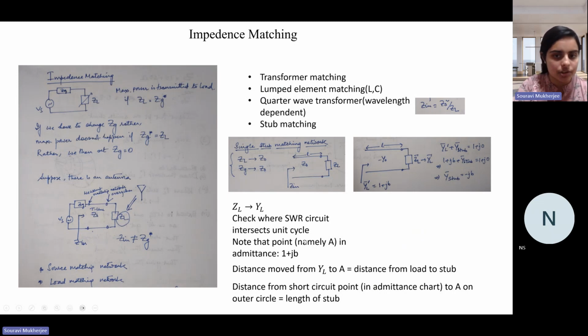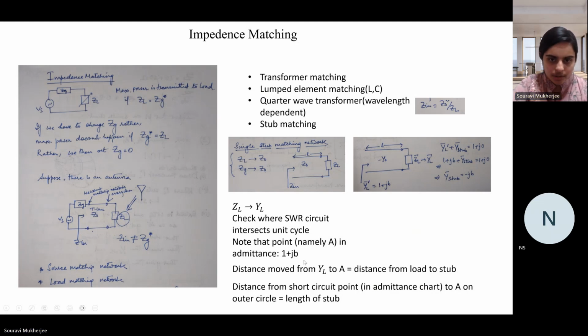Remember that in the Smith chart you are now considering it as an admittance chart. Then you can write it as 1 plus jB. Why is it 1? Because you are on the unit circle. You have noted the point where the SWR circle meets the unit circle, so at that point it should look like 1 plus jB.